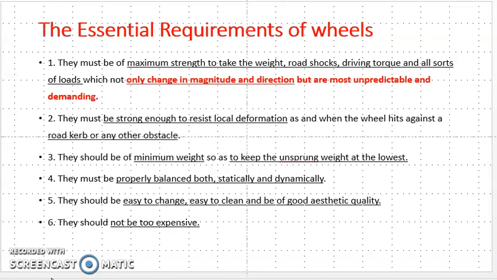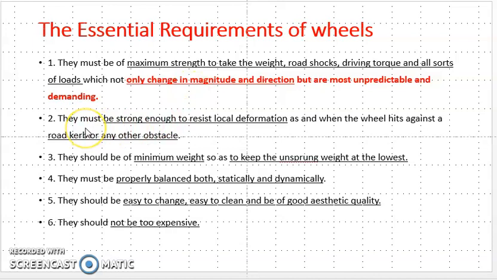The wheel must have a maximum strength to take the weight of the vehicle and passengers, as well as it should have the ability to absorb road shocks and driving torque and all sorts of load, not only change in magnitude and direction but also the most unpredictable and demanding loads it should withstand.